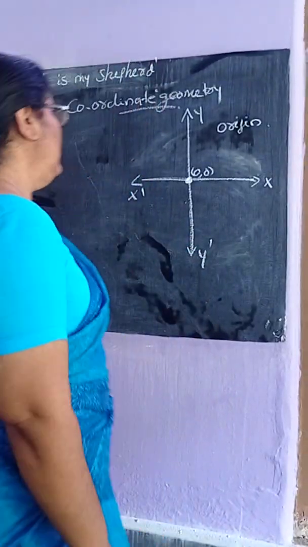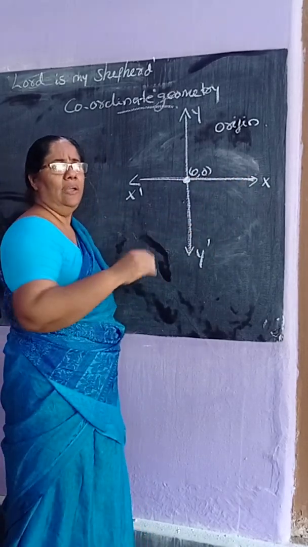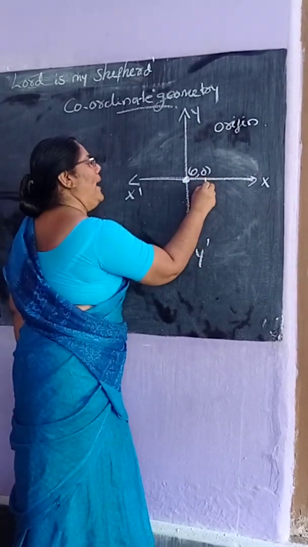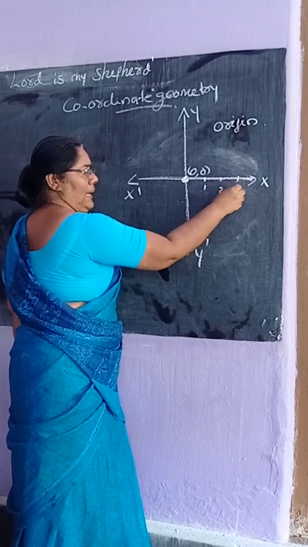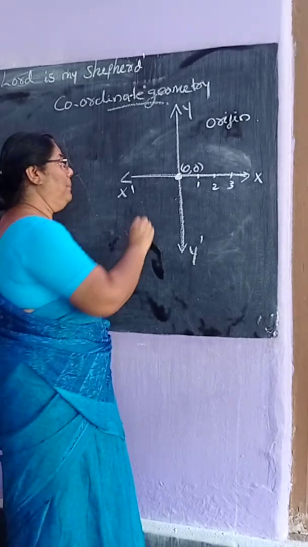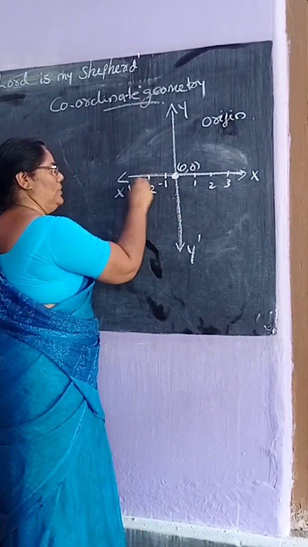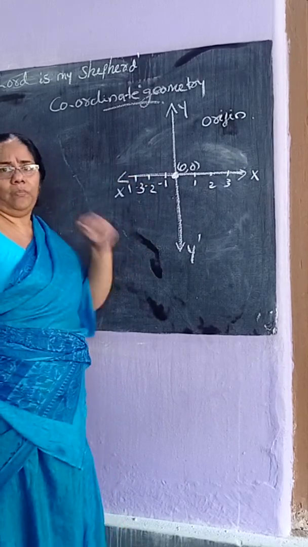And again, on the x-axis, look here, this is the x-axis. Usually we write 1, 2, 3. Actually that is plus 1, plus 2, plus 3. And on the left side, minus 1, minus 2, minus 3.